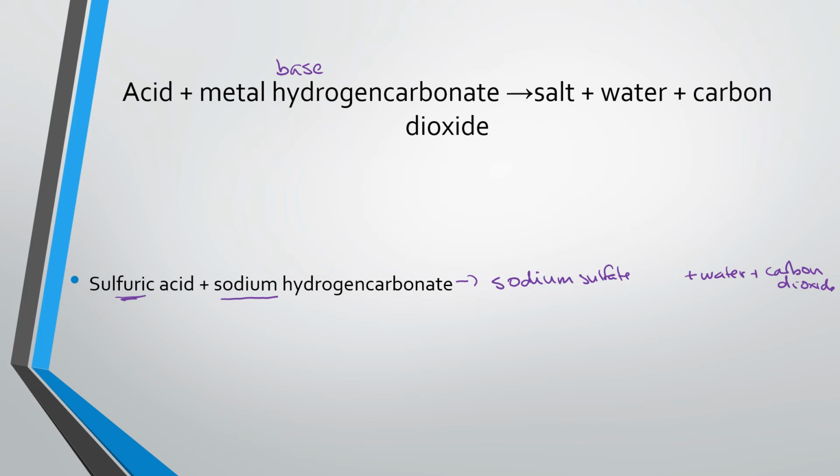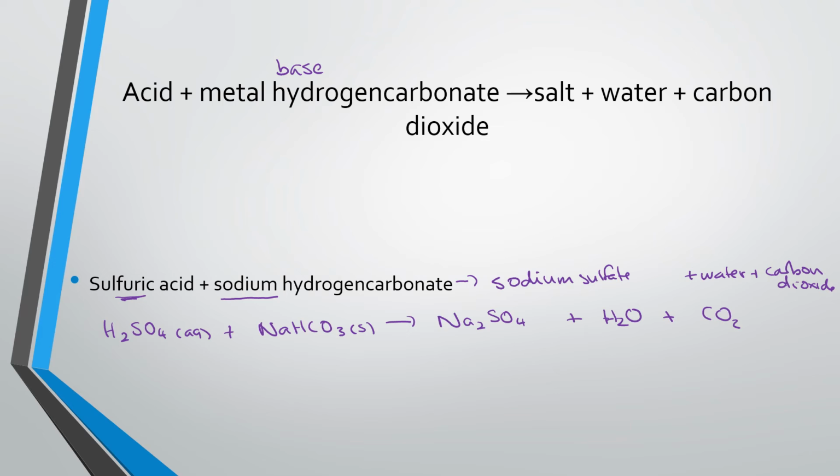So let's have a go. Sulfuric acid, H2SO4, and it would be aqueous, plus sodium hydrogen carbonate. Now it hasn't told us it's in solution, so it would be a solid. Will give us sodium sulfate, use ionics to do it, plus water, plus CO2.